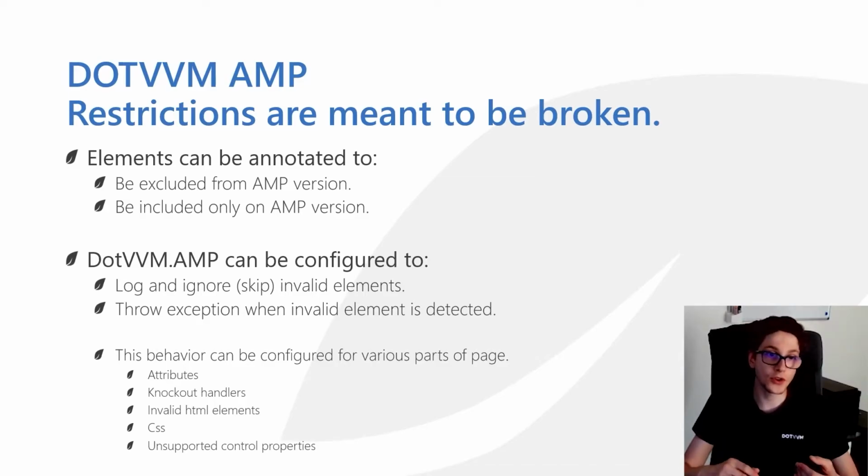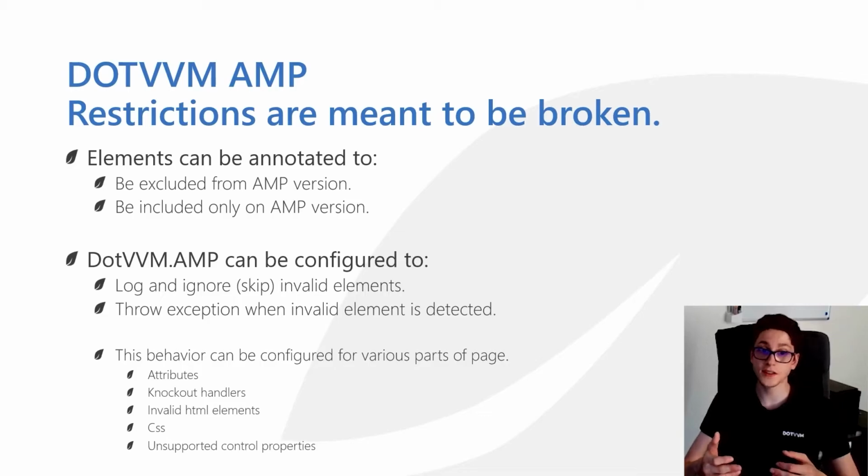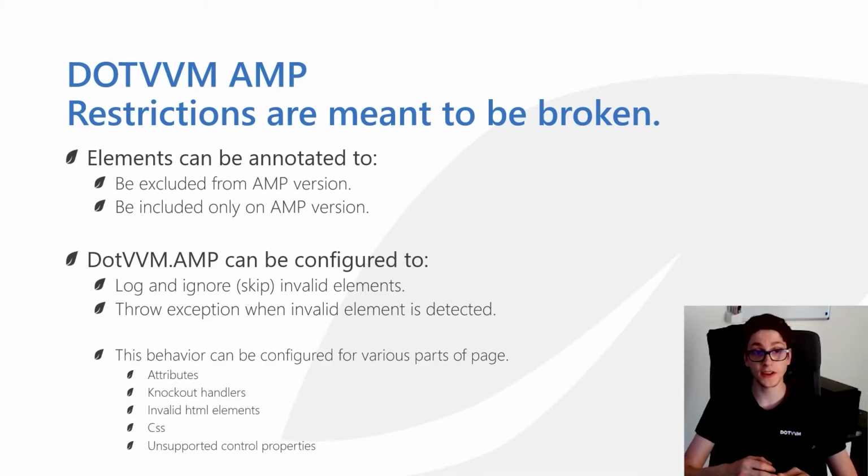If you don't want to go through your pages one by one and annotate them, DotVVM AMP can be set in a way where it will just log and ignore all invalid elements. In the default settings, an exception is thrown as soon as an invalid element or attribute is discovered, but in this setting it will just be logged and the page will be rendered without the given element.